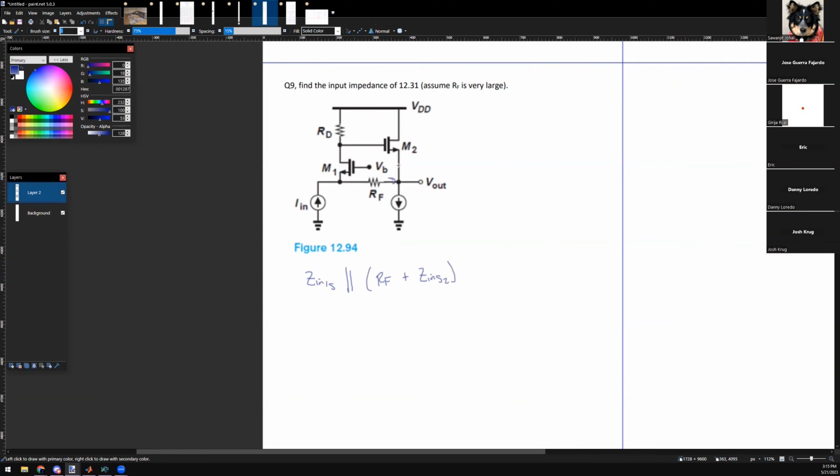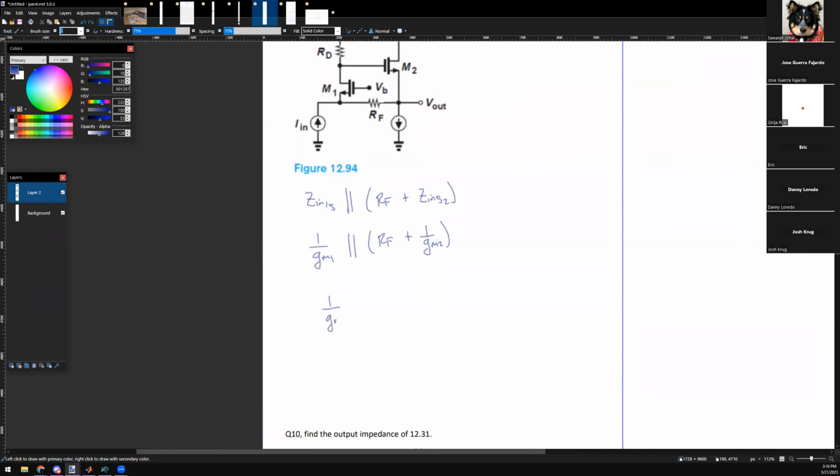The input impedance looking into 1 is 1 over GM1 when R naught's infinity, and this one is going to be 1 over GM3 when R naught's infinity. We assume RF is large, so this is just RF. So it's just these 2 in parallel. Any questions? Do I need to check my work? Okay, I'll check my work.